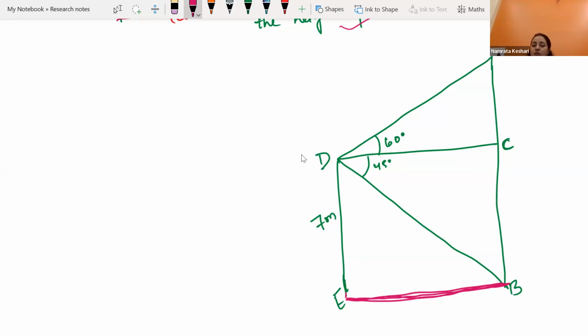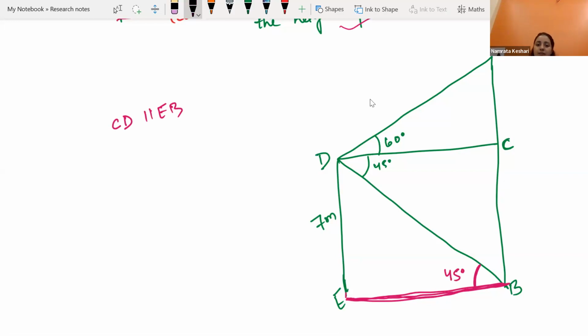Now, if you focus on this figure, we have drawn a line parallel to CD, and BD is a transversal. Then can we say this angle will also be 45 degrees? Yes, everyone getting it?